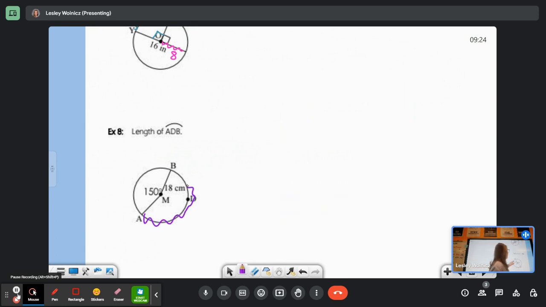You're finding the major arc, not the minor arc AB. So what is the measure of that central angle? I heard 210. So 360 minus 150 is 210.